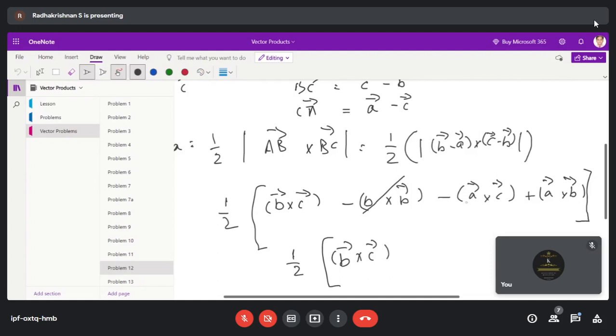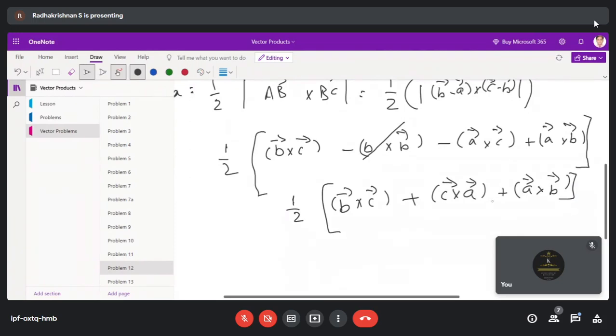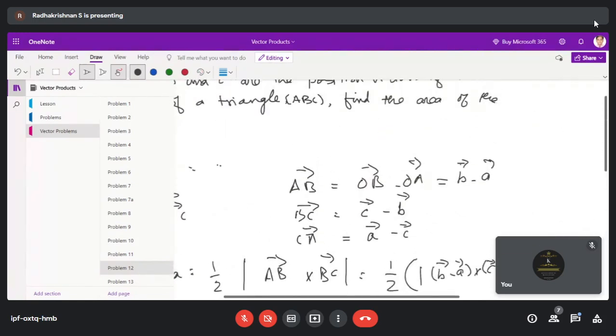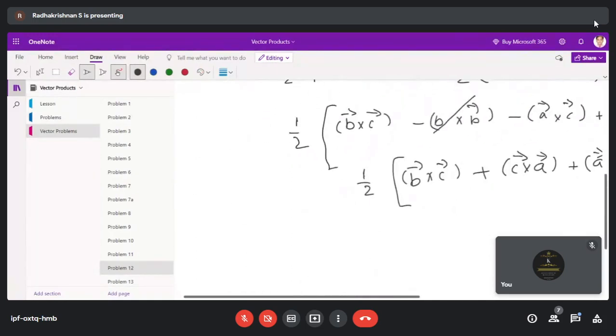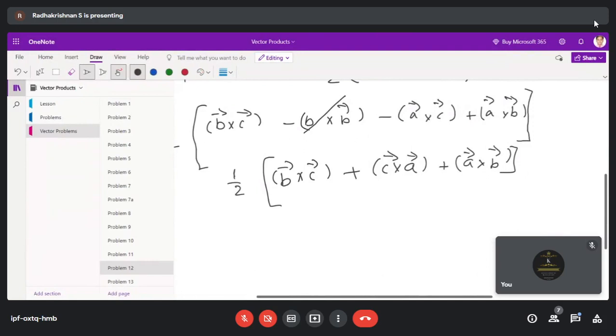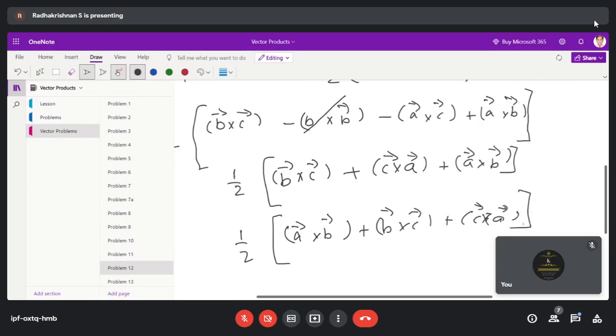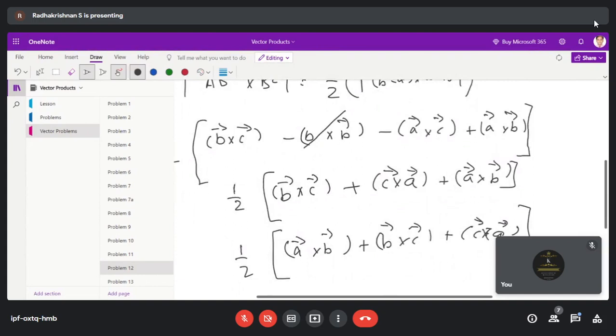We can write minus A cross C as plus C cross A. So you see that now it is half of A cross B plus B cross C plus C cross A. If the vertices are A, B and C, then the area will be given by this formula, half of A cross B plus B cross C plus C cross A. So it's a formula that you can remember.